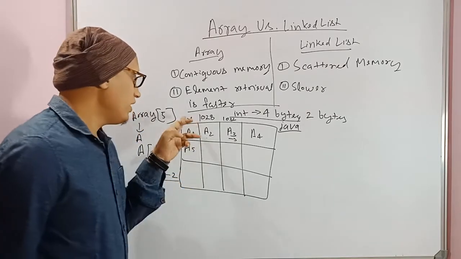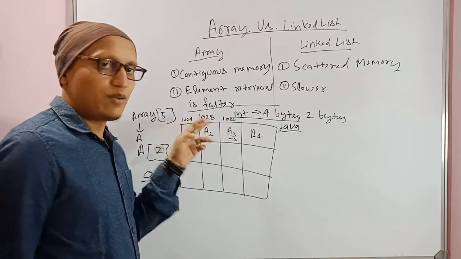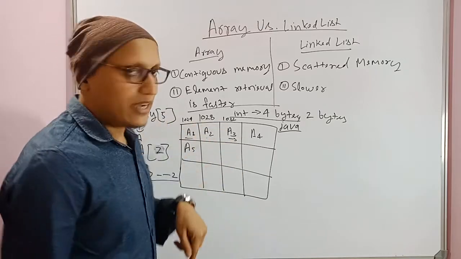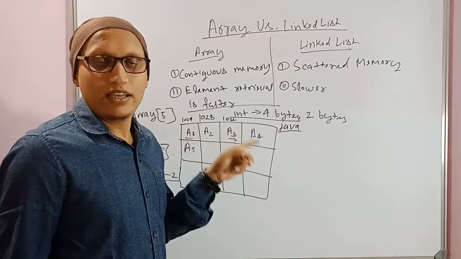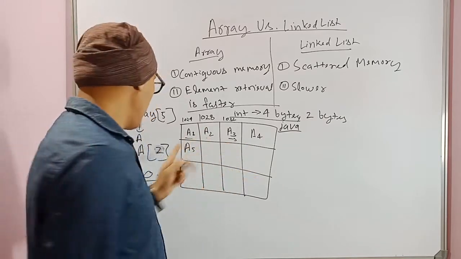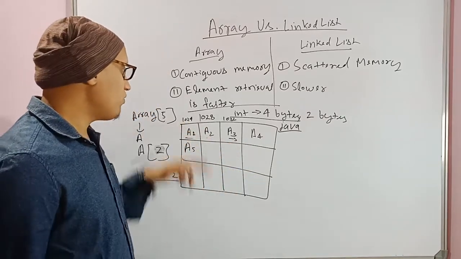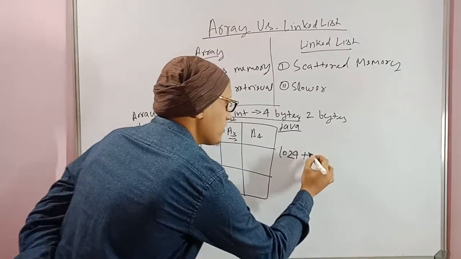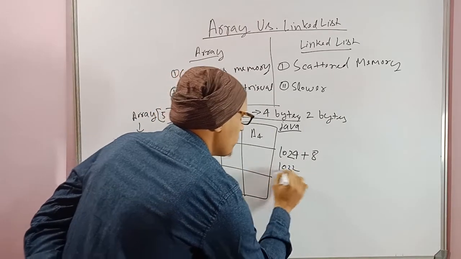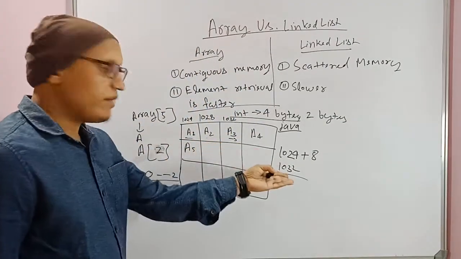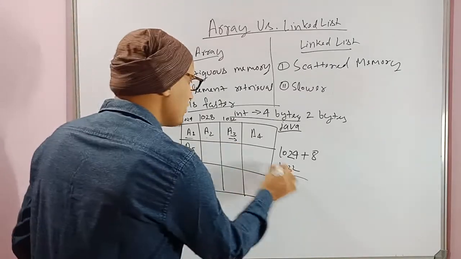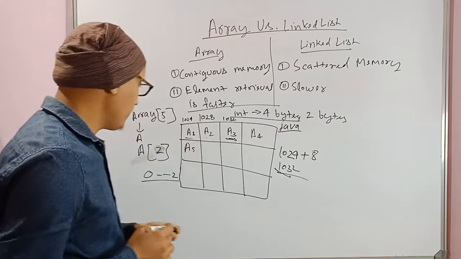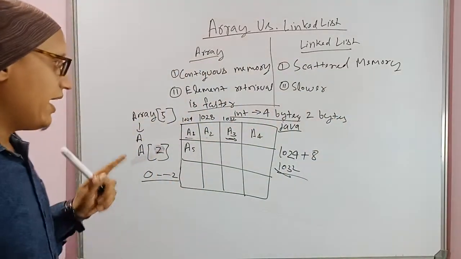So 1024 plus 4 gives the second element at 1028, and then 1028 plus 4 is 1032, which is the third memory location from where I want to fetch the data. So from here only, 1024 plus 8 is 1032. I did a mathematical operation and found the memory location. From here I need to fetch the data. So this is the example of array.